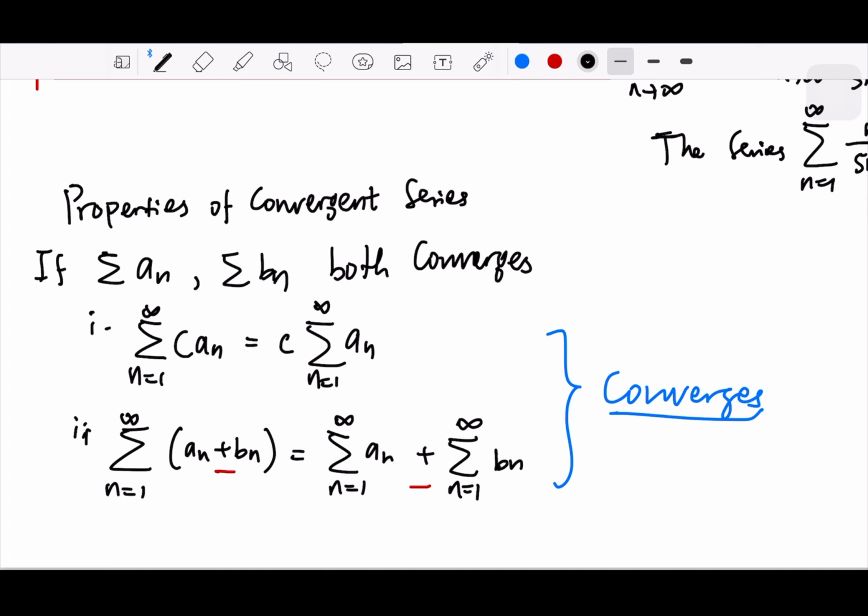So today we have at least learned about series, the sum of the geometric series, the divergence test, and properties of convergent series.